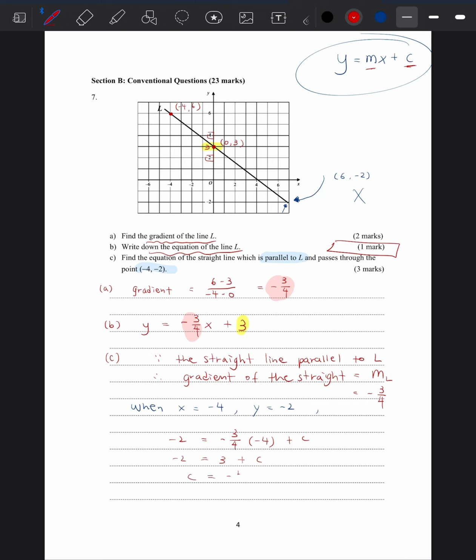Your c should be -5. So again, it is asking for the equation of the straight line, so make sure you write the final line. So y equals our gradient times x, and then your c. So this is your final answer.